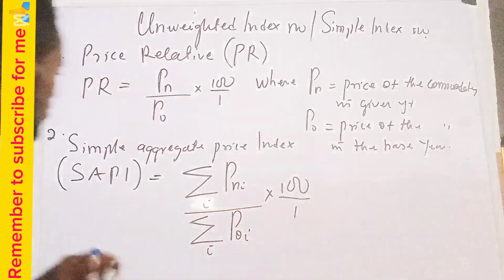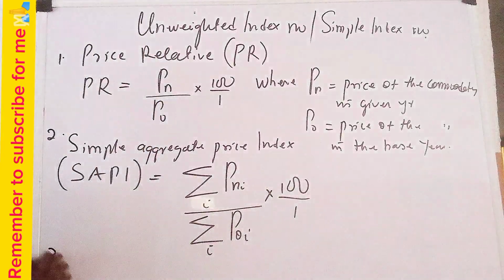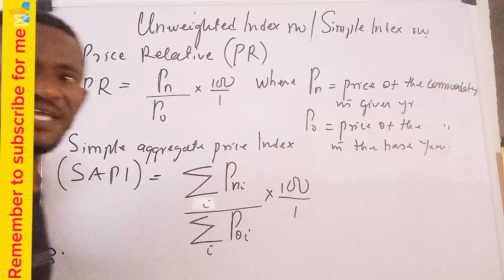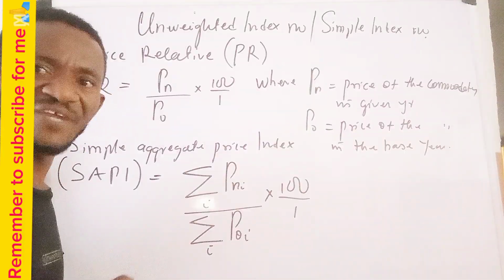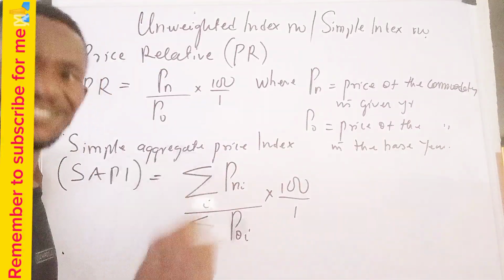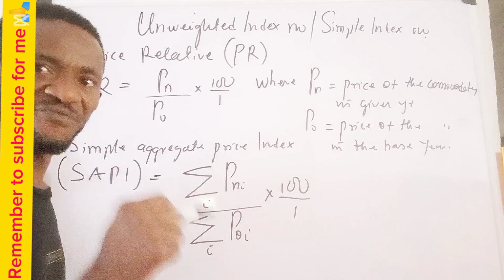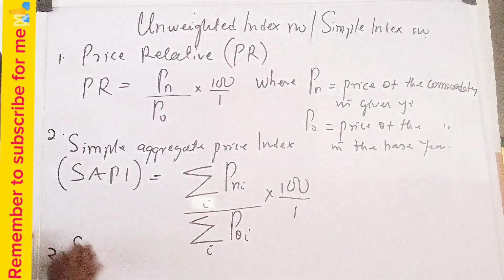Then number 3 here is what we call the simple average price relative.